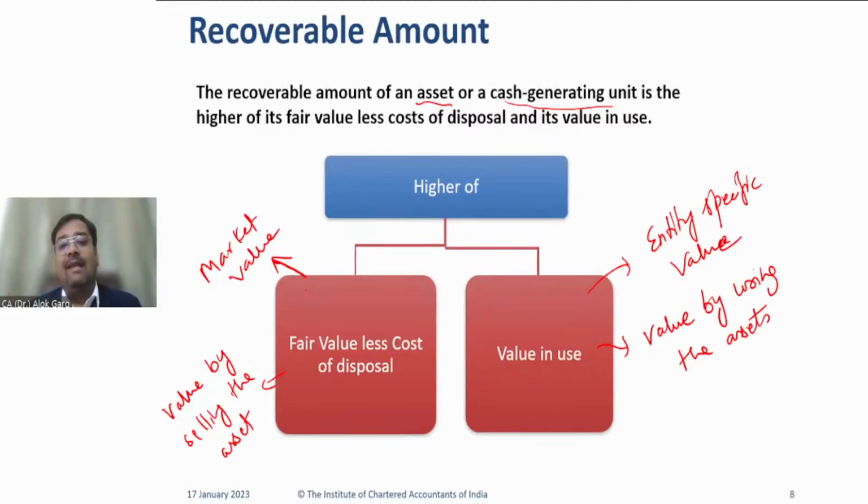Now, what is meant by value in use? If the company or that person will use that car for transportation and the remaining life is, let's say, 7 years, right? So in the 7 years, he will get the money by renting that car or by using that car for transportation purposes. So how much cash flow he will generate in the next 7 years?